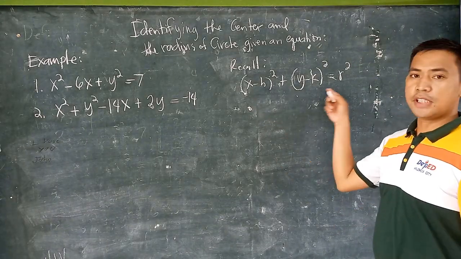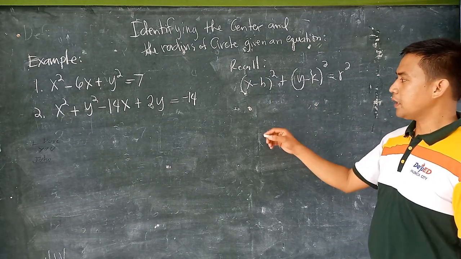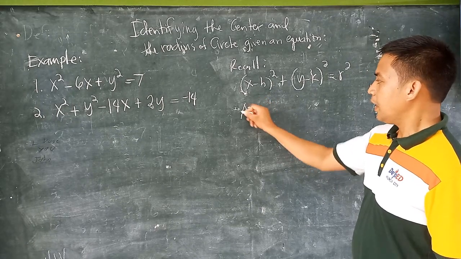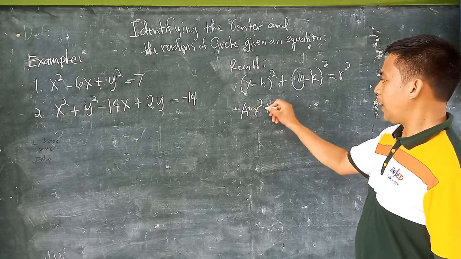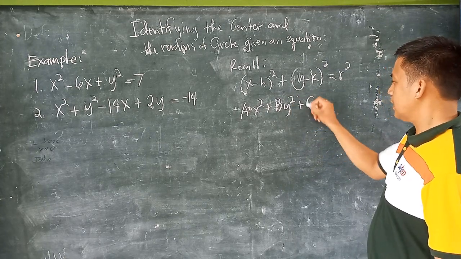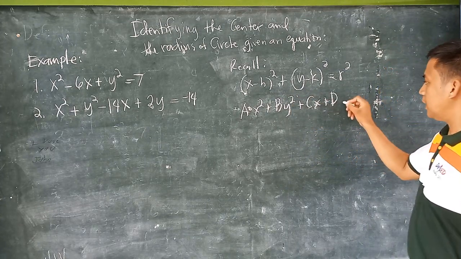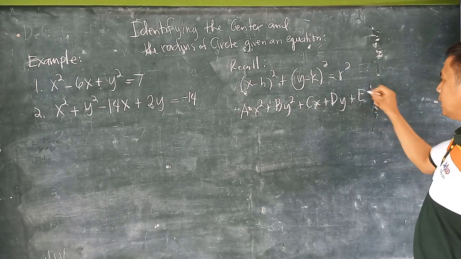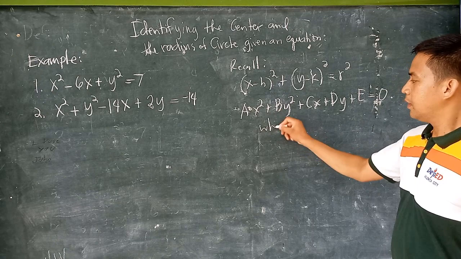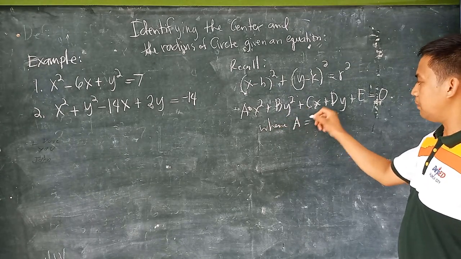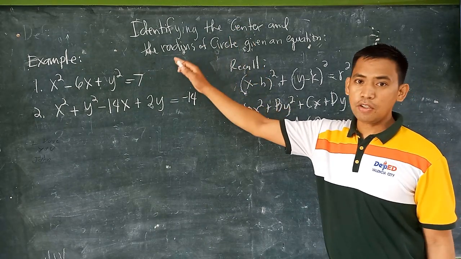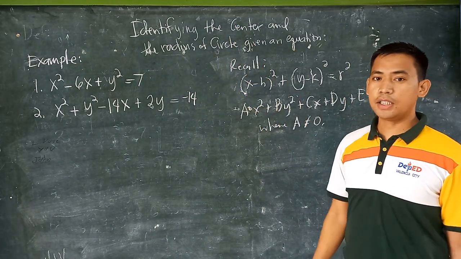Now, if we extend this, we can arrive at the general form of the equation, that is ax squared plus by squared plus cx plus dy plus e equals 0, where a must not be equal to 0. Now, we will find the center or the radius given the equation.